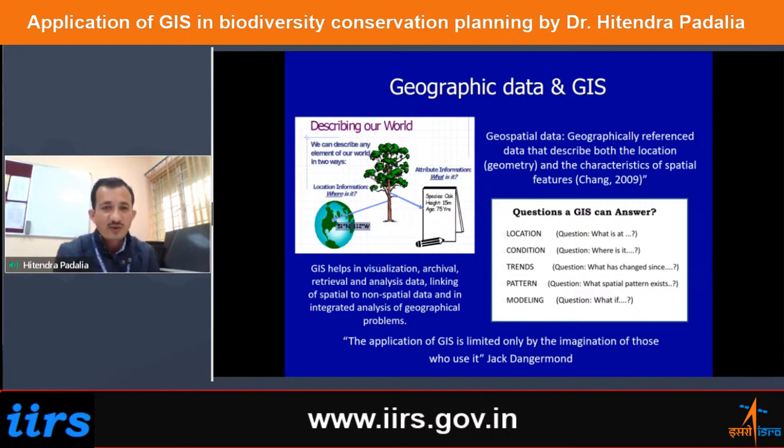An ecosystem has biotic components, abiotic components, energy flow, so many aspects. So if you want to understand an ecosystem and manage or plan for biodiversity, you have to understand different aspects of that ecosystem. In that sense, GIS can integrate information on all such aspects in a very cohesive manner, and then it can help you in decision making.